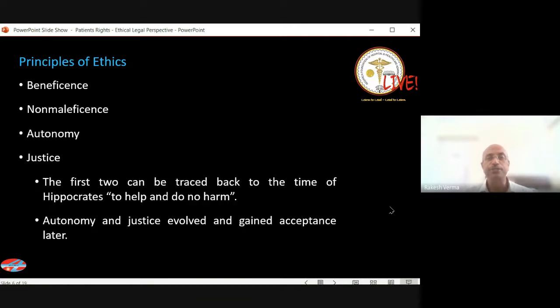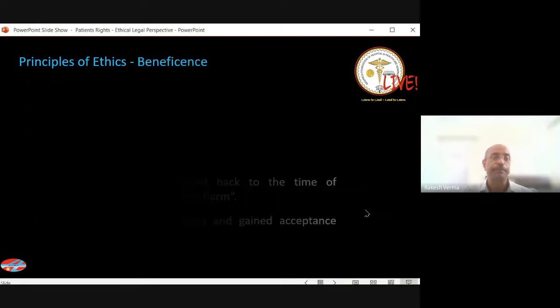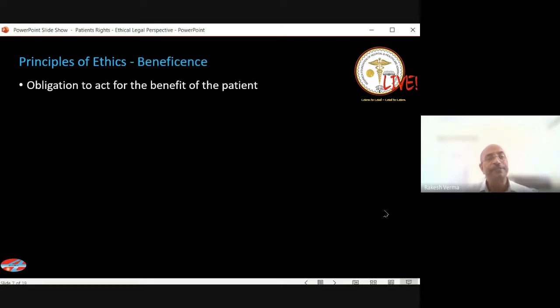First do no harm is a principle based on which the entire modern medicine exists. Then autonomy and justice are the 2 principles which got added later as societies evolved, and then they gained acceptance as principles of ethics. So let us look at each one by one.